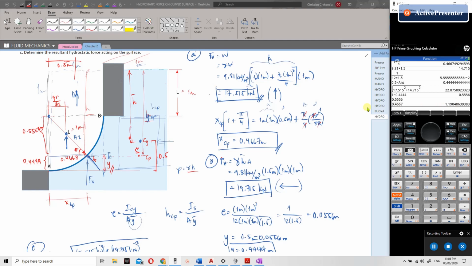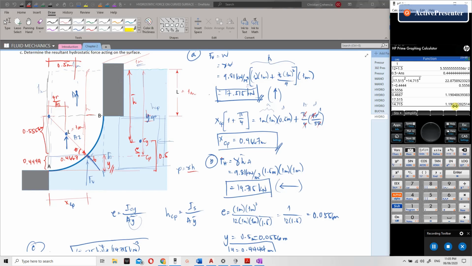So sa kabilang side naman, ang opposite natin is yung vertical, FV, 17.515, divided by yung adjacent side ng triangle, FH. Yung FH natin is 14.715. Okay. Sa calculator natin, 1.1904, 1.1902.